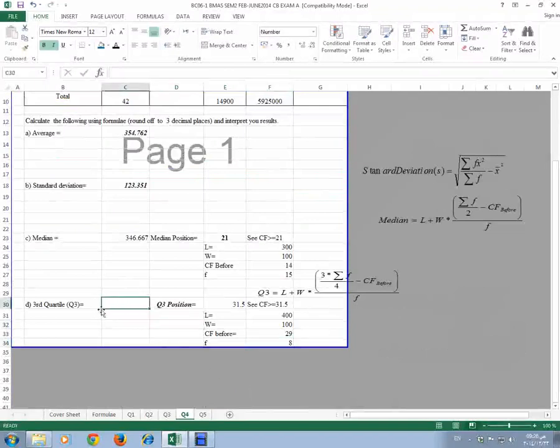Now we can calculate the third quartile. According to this formula, we see the formula here.